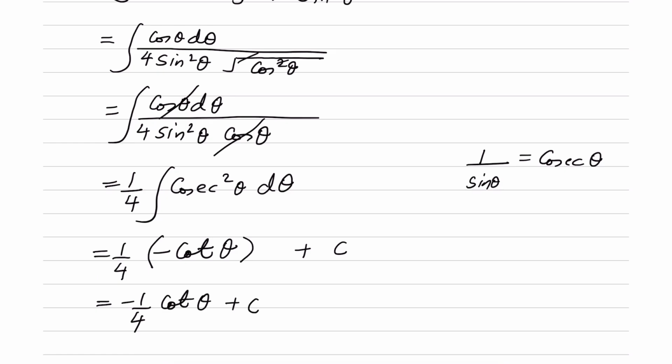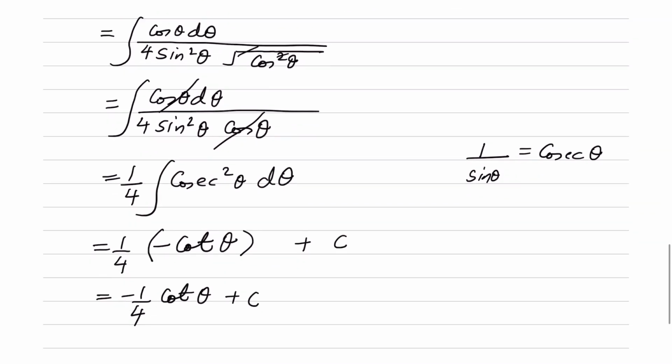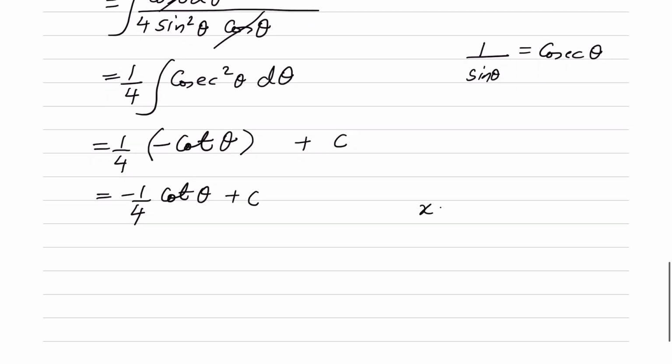And remember that theta was not originally part of our question. We had introduced this in substitution: x is equal to 2 sine theta. So we will write x is equal to 2 sine theta and extract the value of theta, which is sine inverse x by 2.